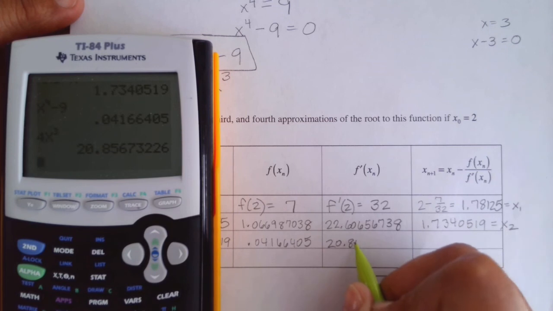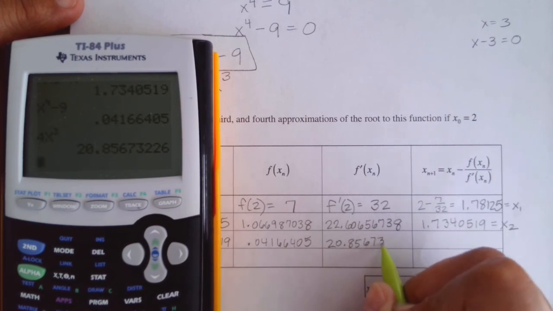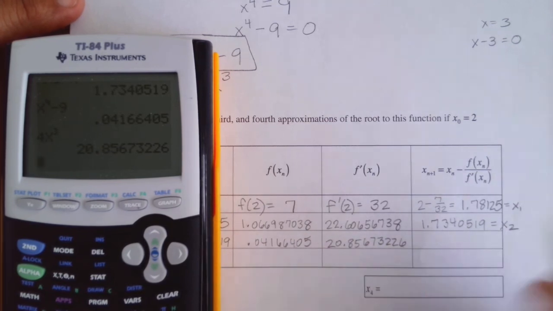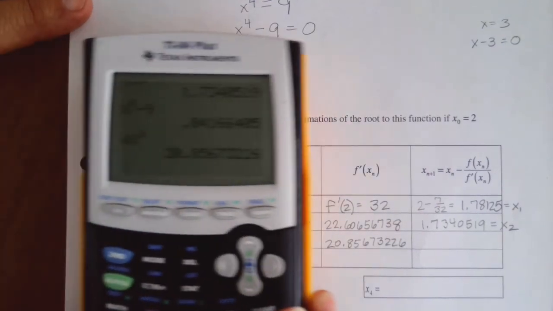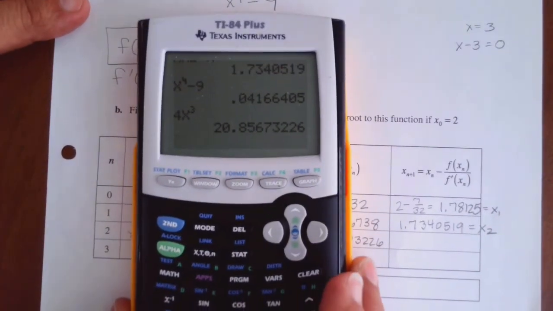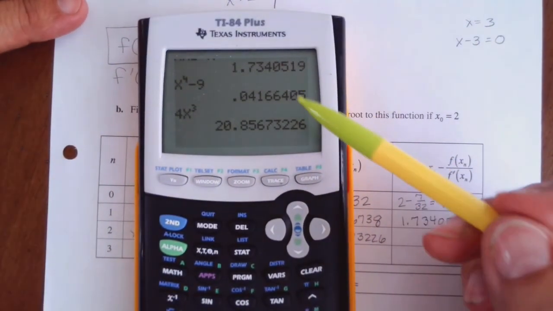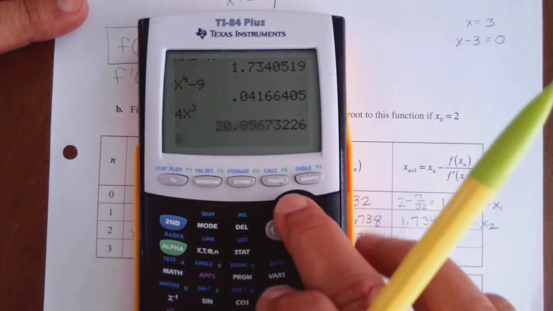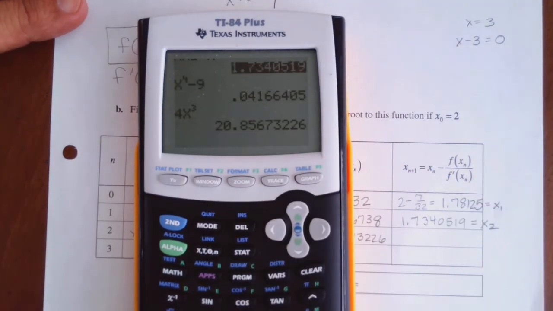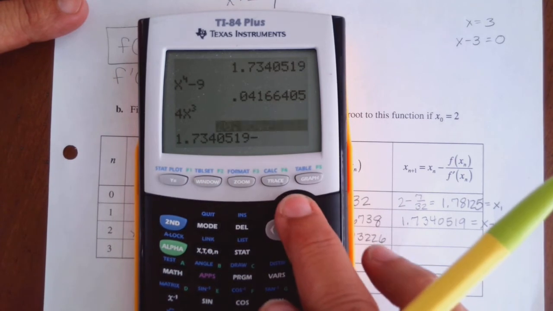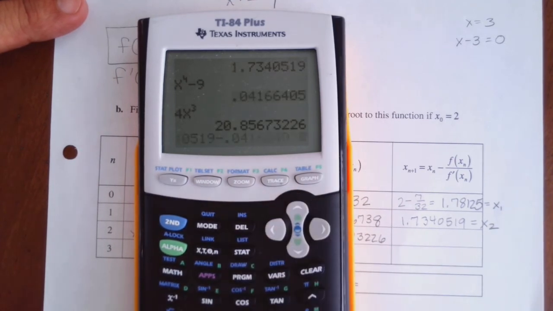Derivative is 20.856732226. And then we need our next guess, so we're going to do the formula. Okay. So this minus this divided by this. So 1 minus function value divided by derivative.